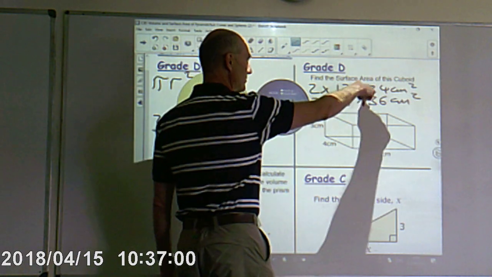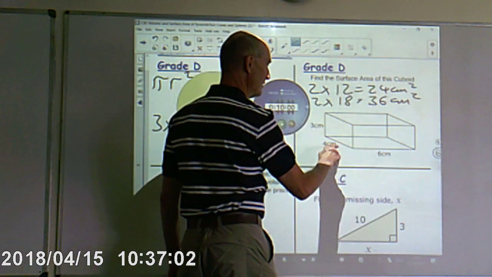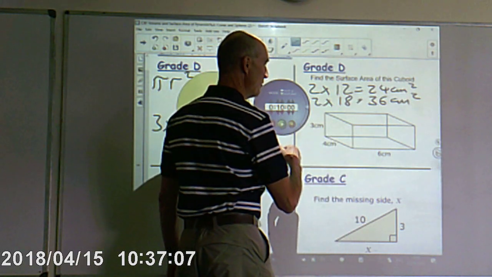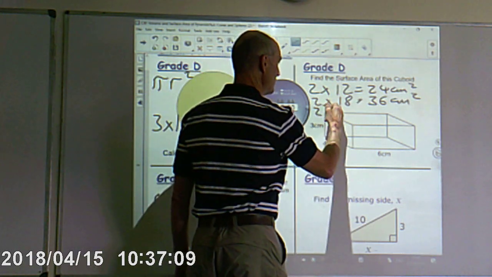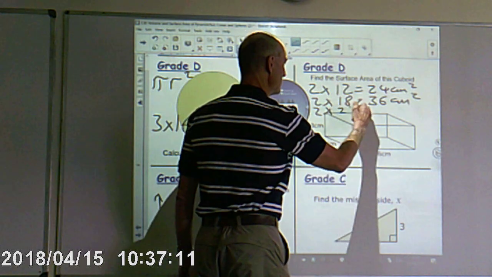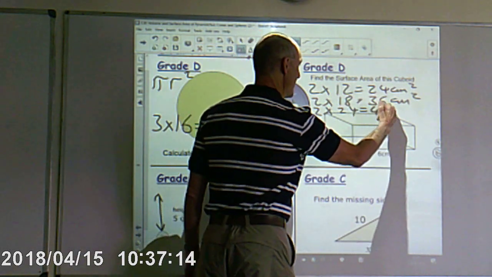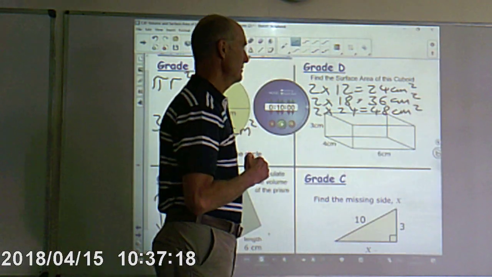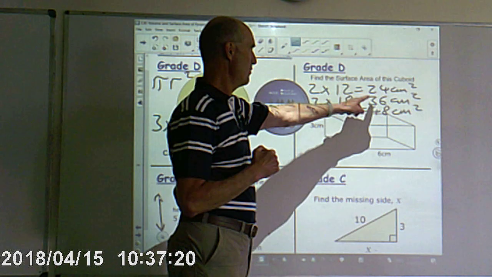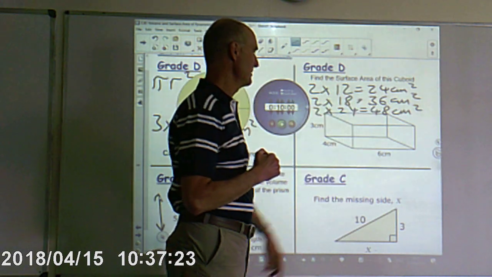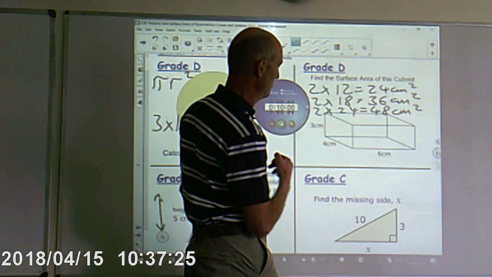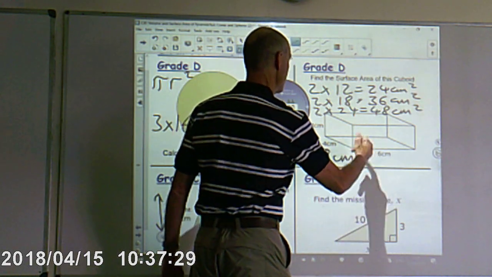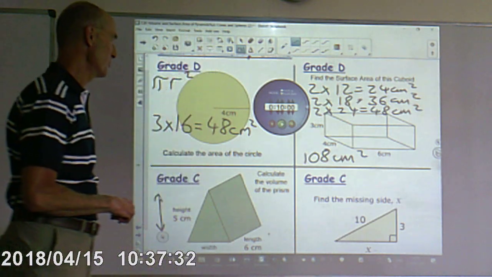And then finally, the roof and the floor, 4 times 6 is 24, 2 lots of 24 gives me 48 centimetres squared. How much does that come to altogether? 24, add 36, add 48 gives me 108 centimetres squared for the surface area of that cuboid.